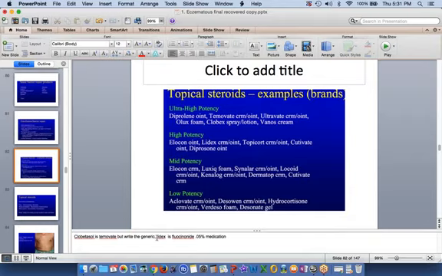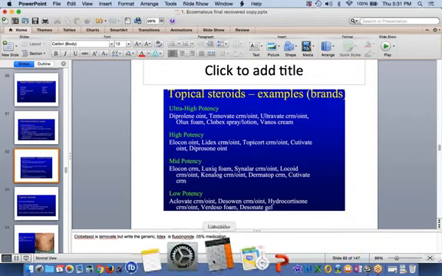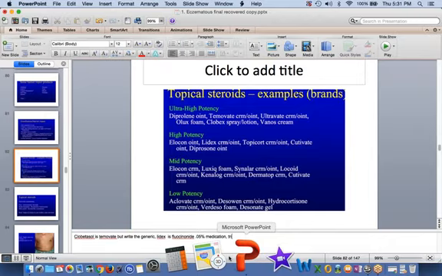When we get to the mid potency, I like to use triamcinolone 0.01% cream or ointment. And for the low potency, a lot of companies only carry hydrocortisone 1%.